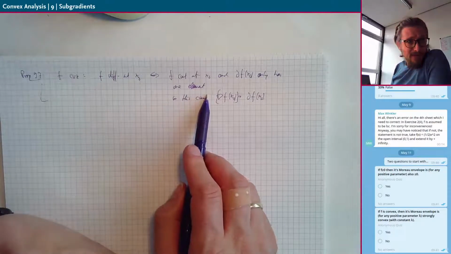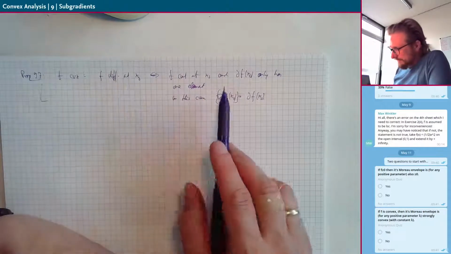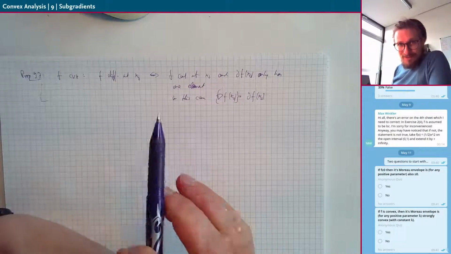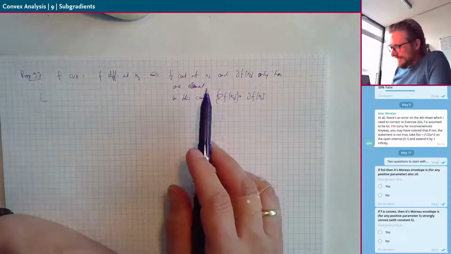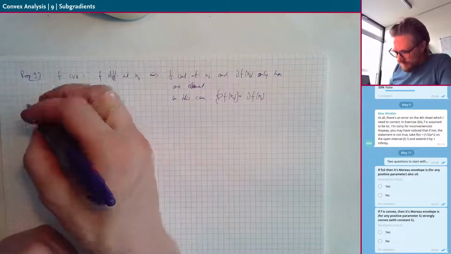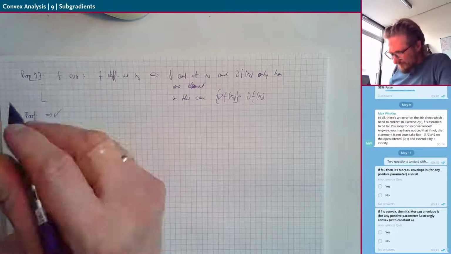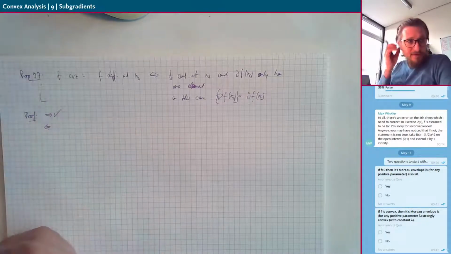We already did that, but this direction is the clue here, right? If the subdifferential only contains one element, so there's only one subgradient, then this implies differentiability. So the proof is like this direction. You already saw that, and now we talk about this direction.